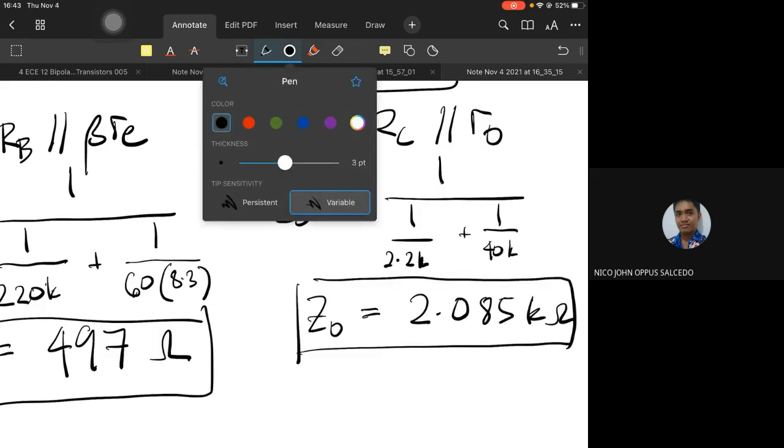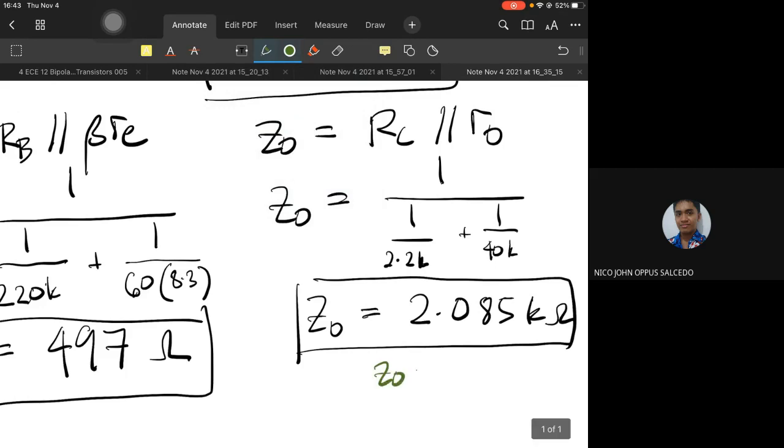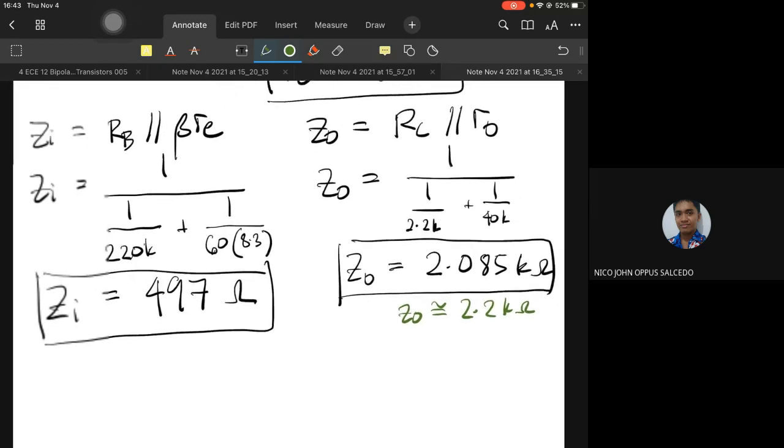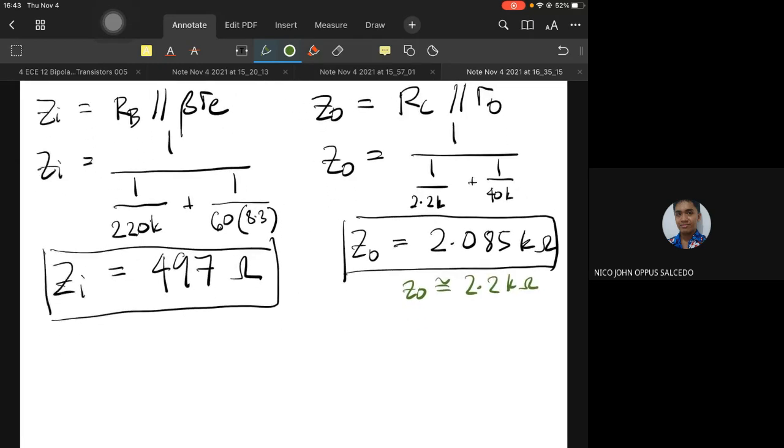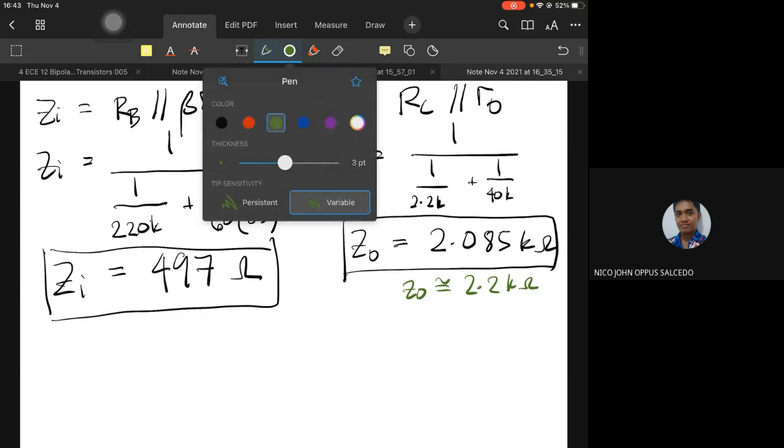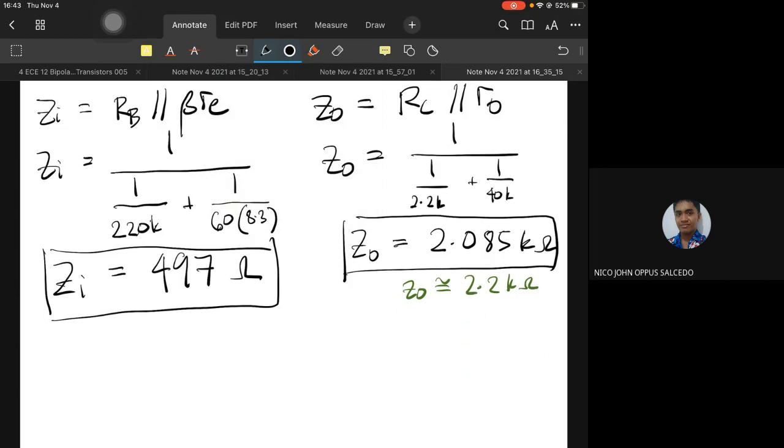Kung ato ning gi-approximate as 2.2K diretsyo, di na kay layo atong answer. Okay? Sa'yo na tag-answer, guys? 2.085? Yes, sir.